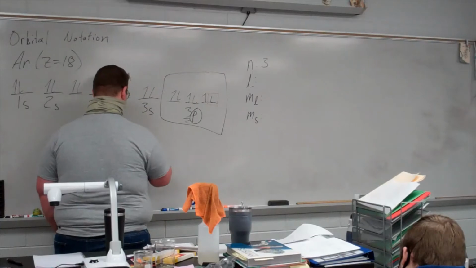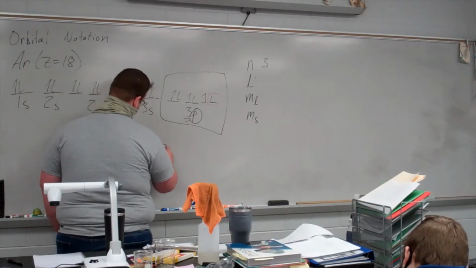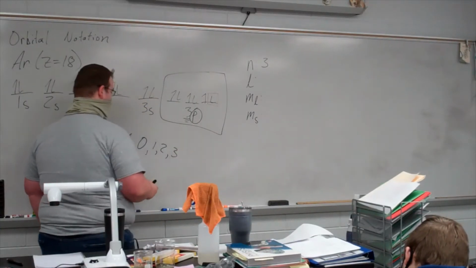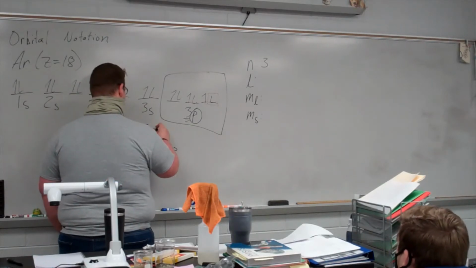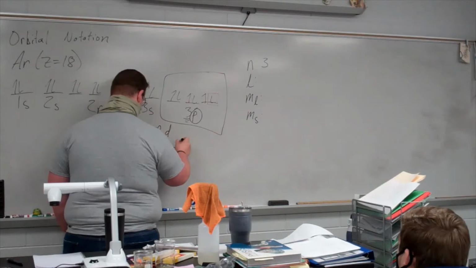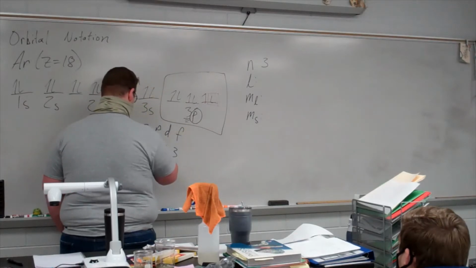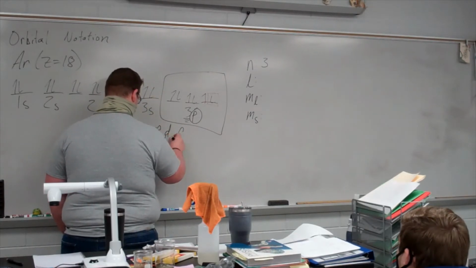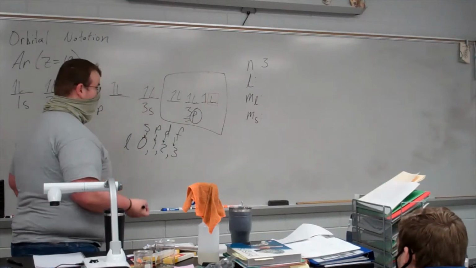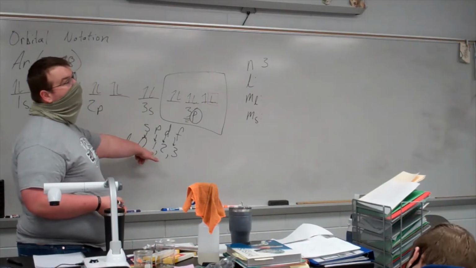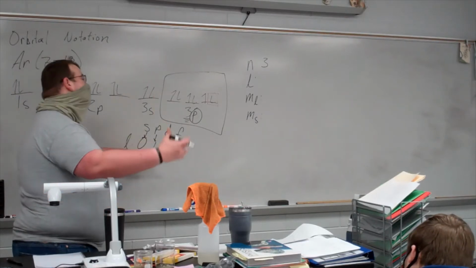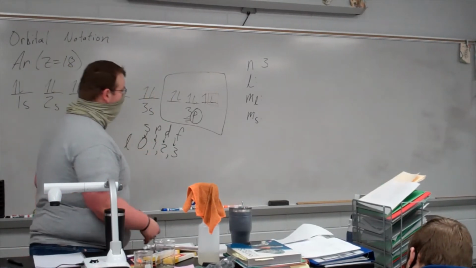For L, 0, 1, 2, and 3. 0 is S, 1 is P, 2 is D, 3 is F. It's just how it breaks down. So what is L? L has to be 1.